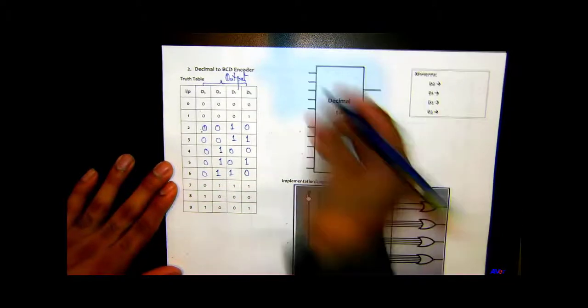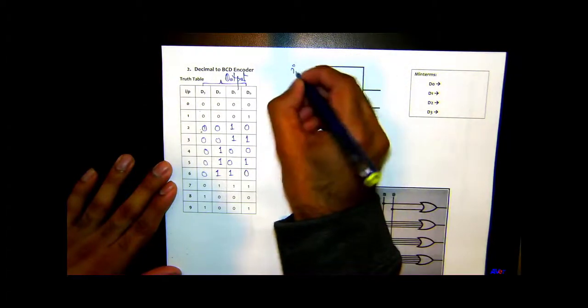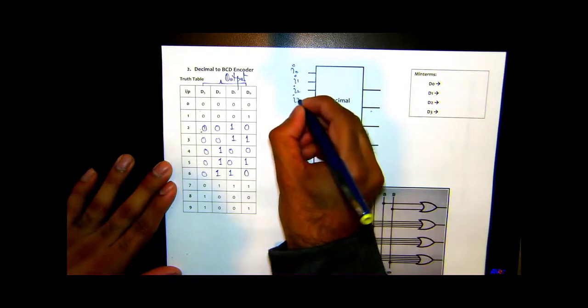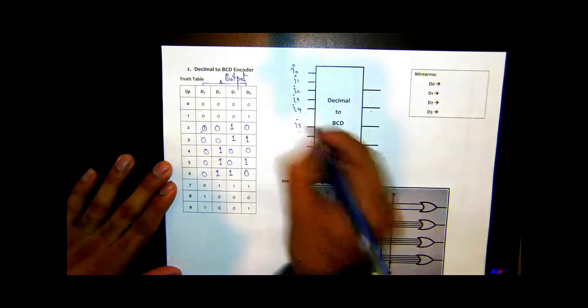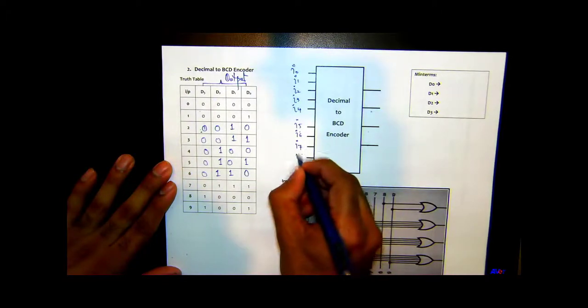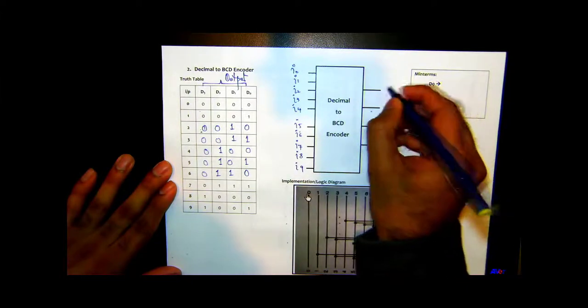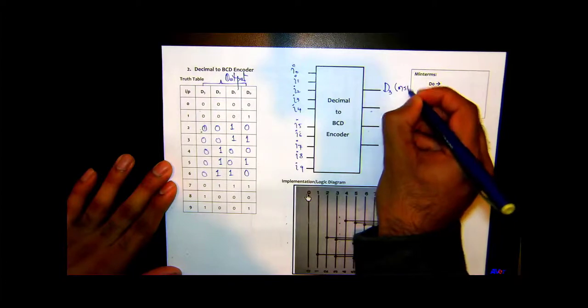So this is your input I0. This is your I1, I2, I3, I4, I5, I6, I7, I8, I9. These are my outputs here. So D3, this is my most significant bit.